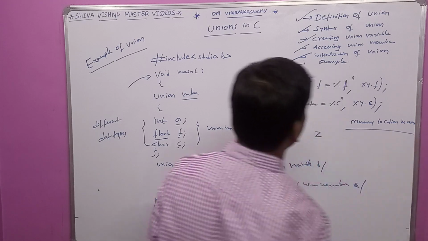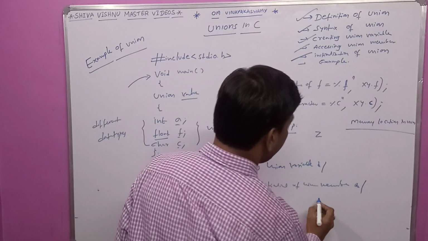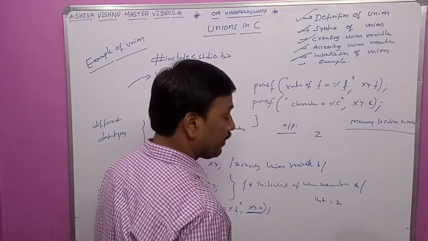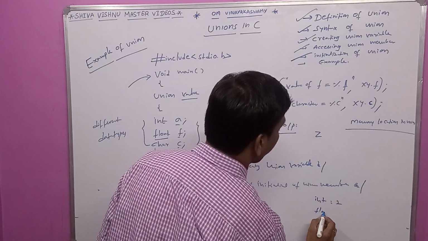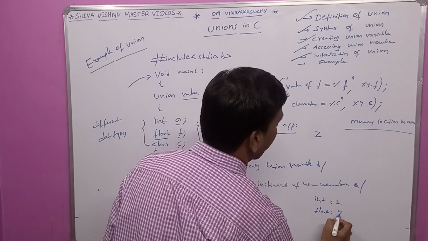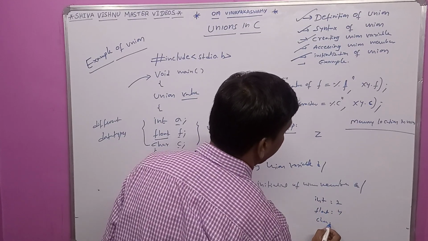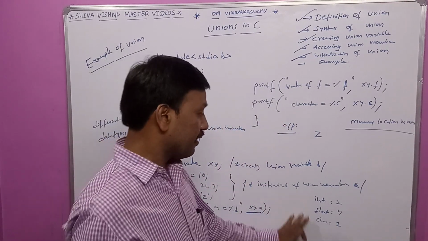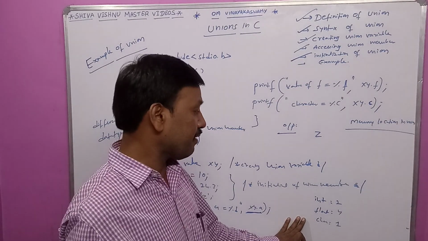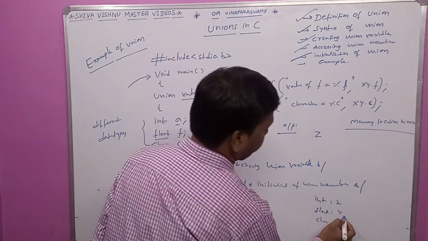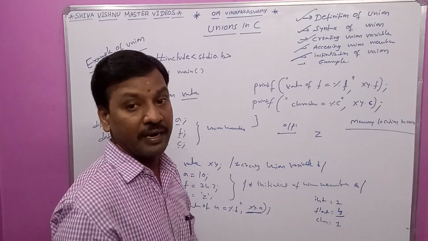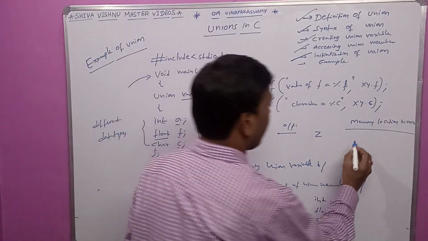The int size is 2 bytes. Here float size is 4 bytes. The character size is 1 byte. Here you can see which is the highest, bytes is 4. That is the large memory.